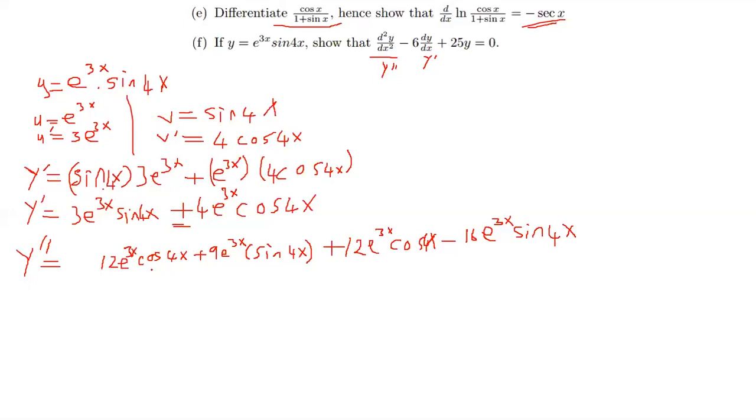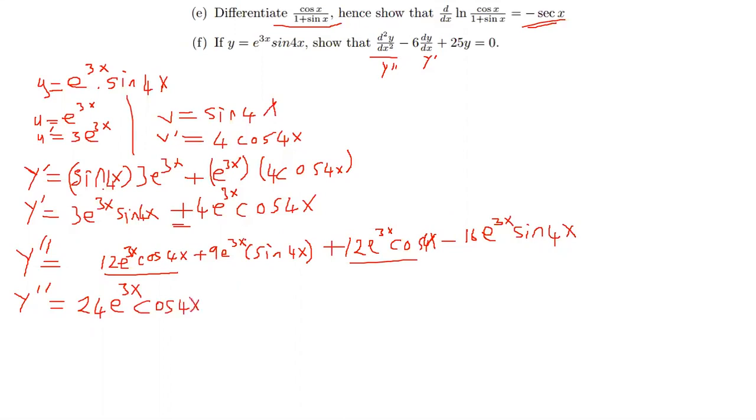So we can now pair the like terms and add them, so that the expression is in its simple form. You can see that this part here can be added to this part there. So we add 12 plus 12, you get 24. So this will be 24e to the power 3x, and then cos 4x here.